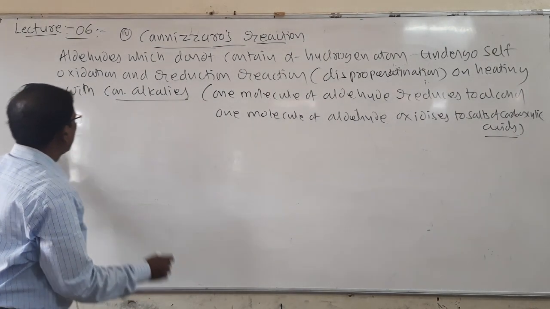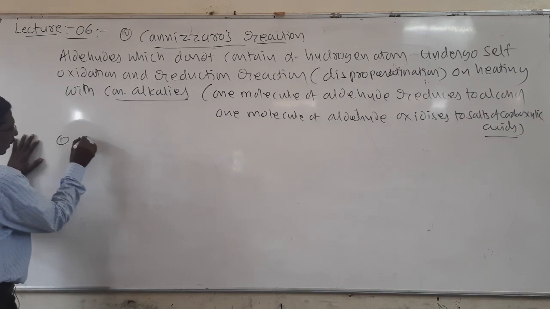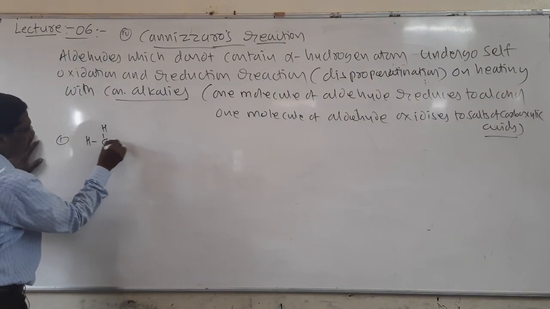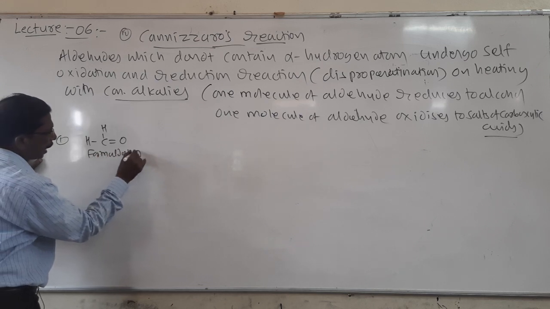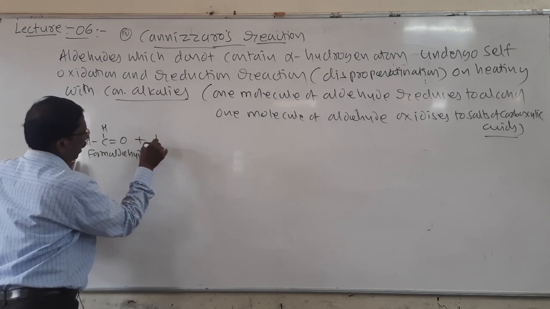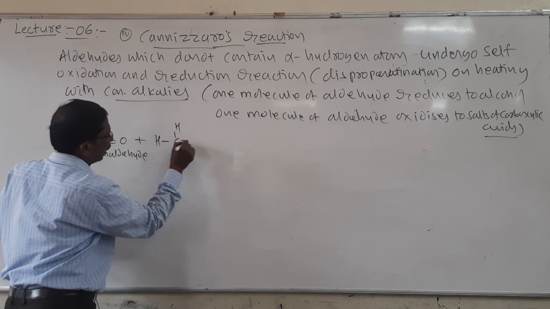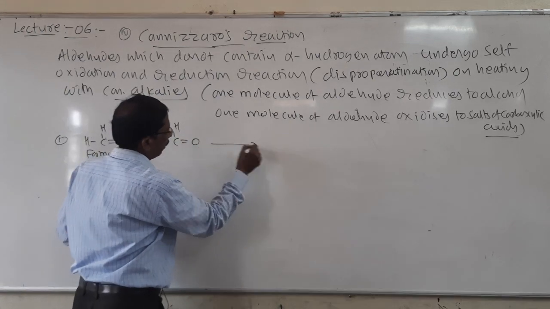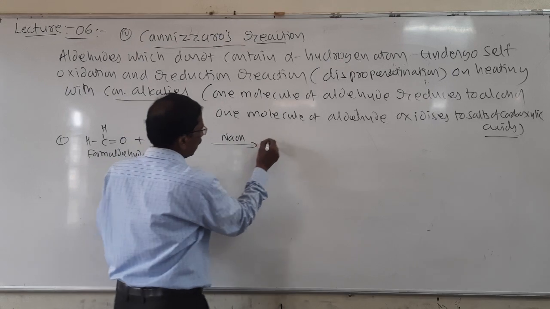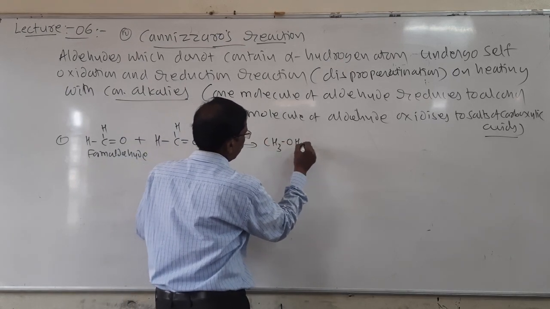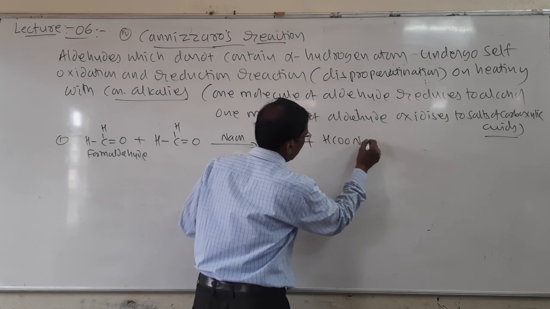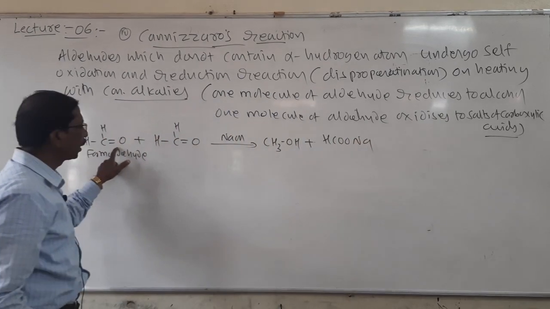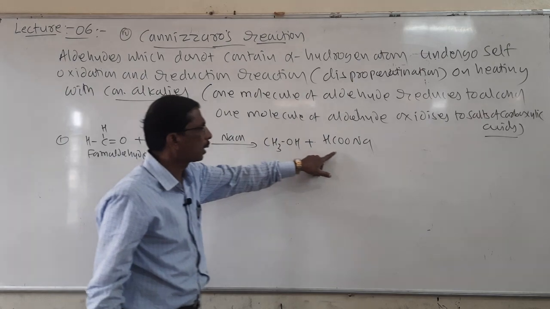Look here, I will show an example. HCH=O, formaldehyde, which does not contain an alpha hydrogen atom, and I will take another aldehyde, two molecules, and when it is heated with sodium hydroxide, it forms CH3OH plus HCOONa. So one molecule reduces to alcohol, another molecule oxidizes.